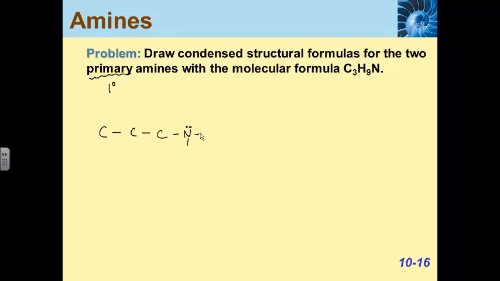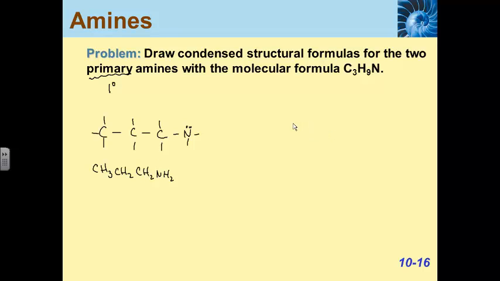So to fill in the rest of that structure, we'd have CH3, CH2, CH2, NH2. That would give us one example of a primary amine.